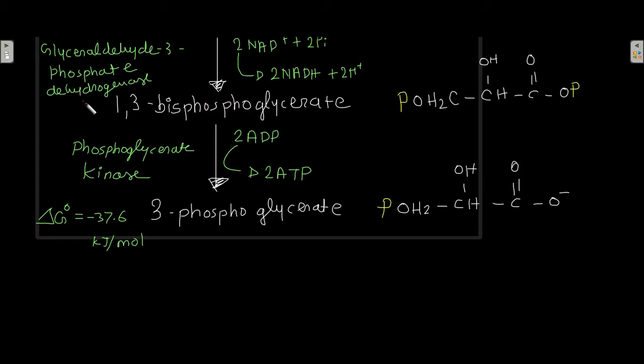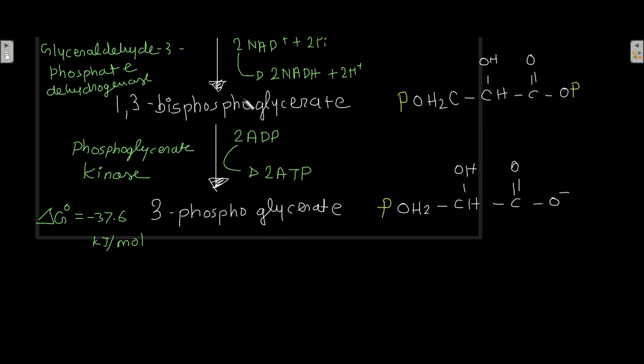I haven't written 2 deliberately, because it would become 2, 1, 3 and confuse you. So in this step 2 ATP molecules are generated, and this step is catalyzed by phosphoglycerate kinase. Whenever there is a kinase, there is addition or removal of phosphate from one group to another. The energy liberated here is minus 37.6 kilojoule per mole.